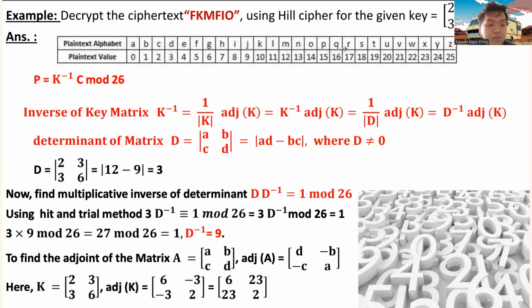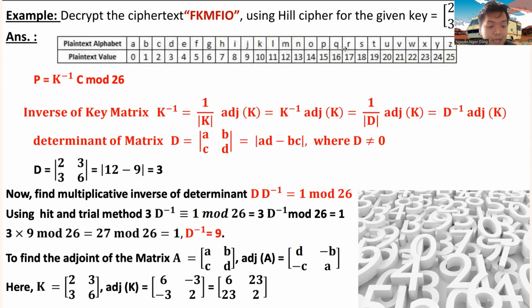For the multiplicative inverse of the determinant D, D to the power -1 mod 26, using the trial method, 3 multiplied by D to the power -1 mod 26 equals 1, and we get the final result D to the power -1 equals 9.